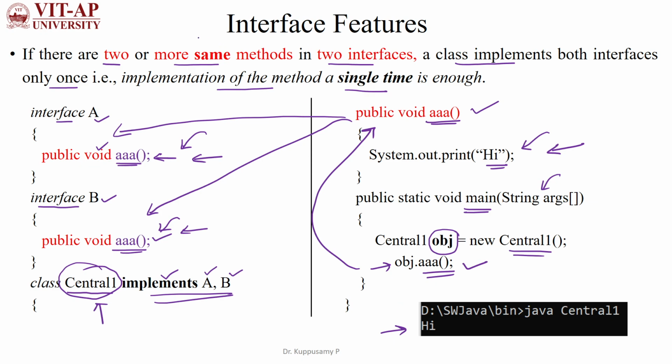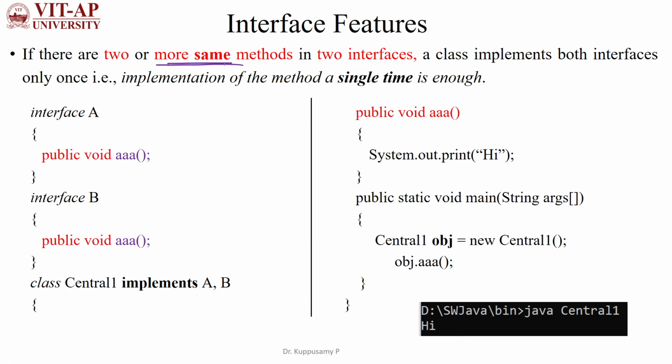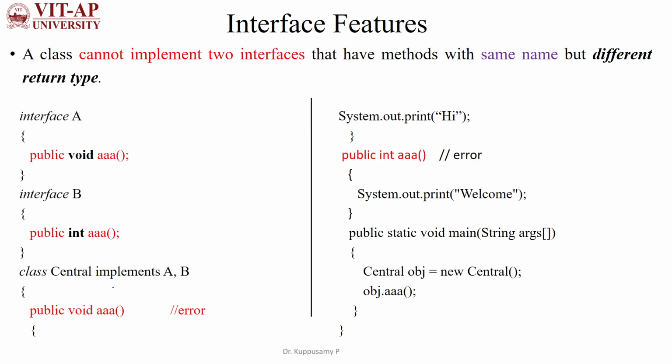So from this you should observe that if the interfaces have the same method name, then we can implement it only once inside any class. And here the class cannot implement two interfaces that have methods with similar names but different return types.